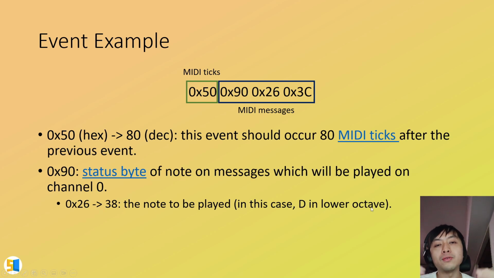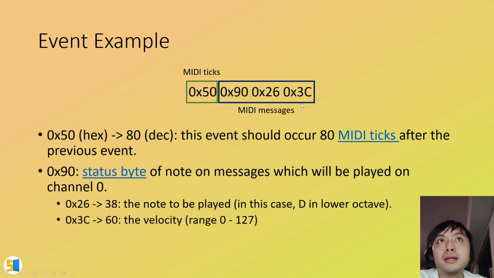We are going to see a table that we can use to reference this number to the key. And then the last part is 60 in decimal. This is the velocity, right? The velocity is in the range between 0 and 127. So this is an example of an event.